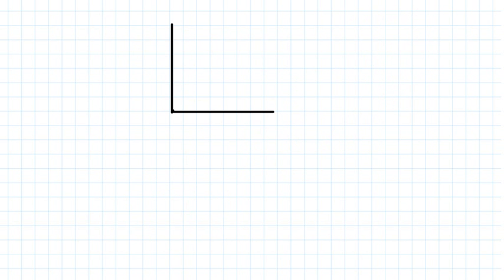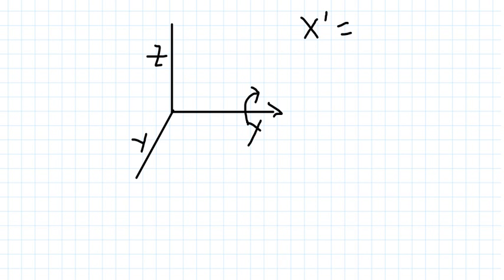Let me draw our primary axis system. This is the x-axis, y-axis and z-axis. Now if you are doing x-axis rotation, as we have discussed before, there will be no change in the x coordinate value.